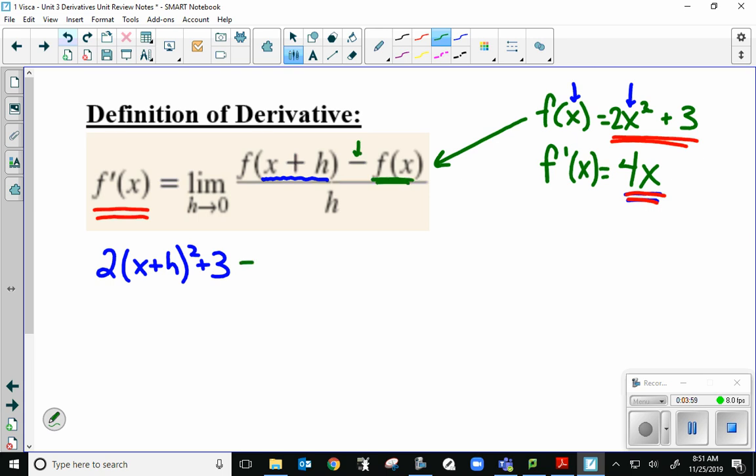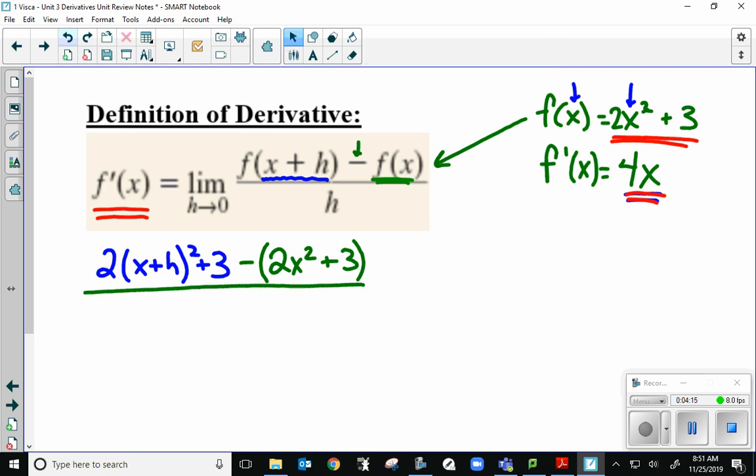Do not write it like this, minus 2x squared plus 3, because right now I'm only subtracting 2x squared. I am not subtracting 3. I always want to subtract the entire function. That is all over h. And I really should always write the limit as h approaches 0. I still cannot throw 0 in for h here.